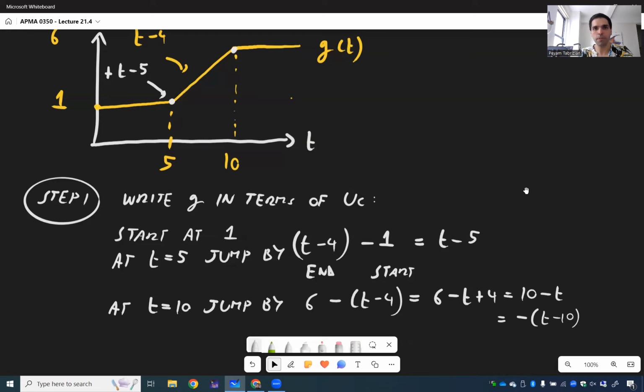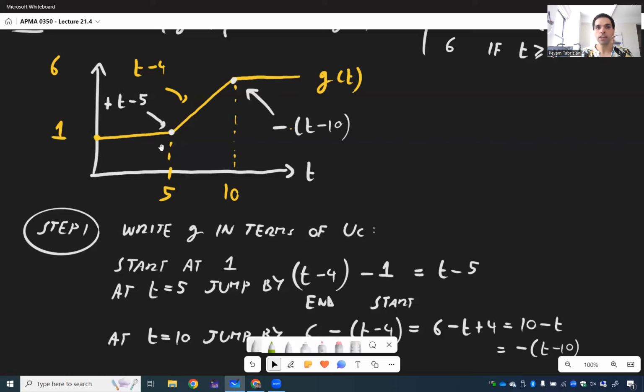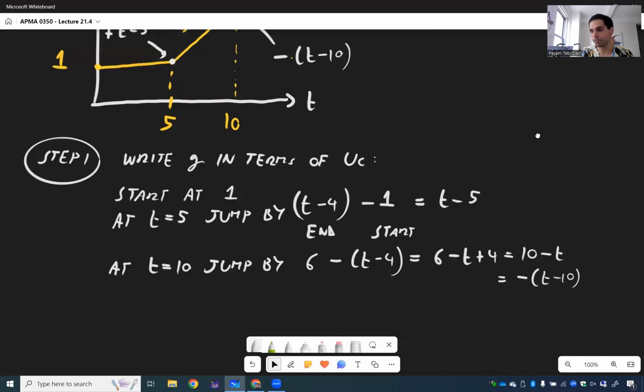So to complete that picture, here we also have a minus (t minus 10). So once again, you start at 1, then you jump by t minus 5 at 5, and you jump by minus (t minus 10) at 10.